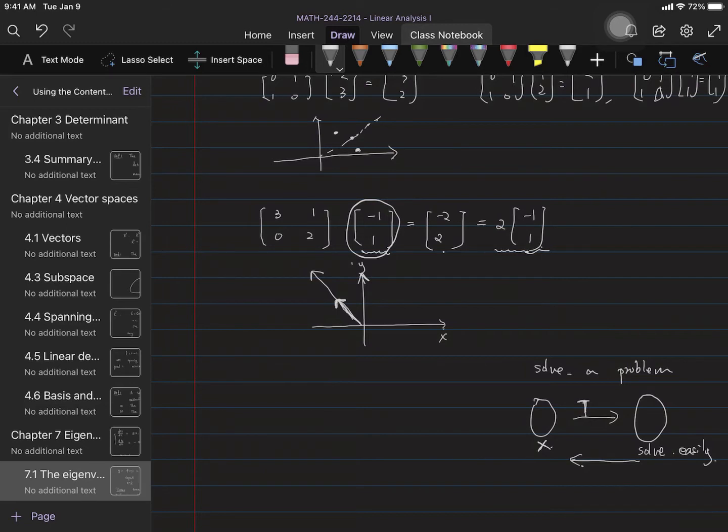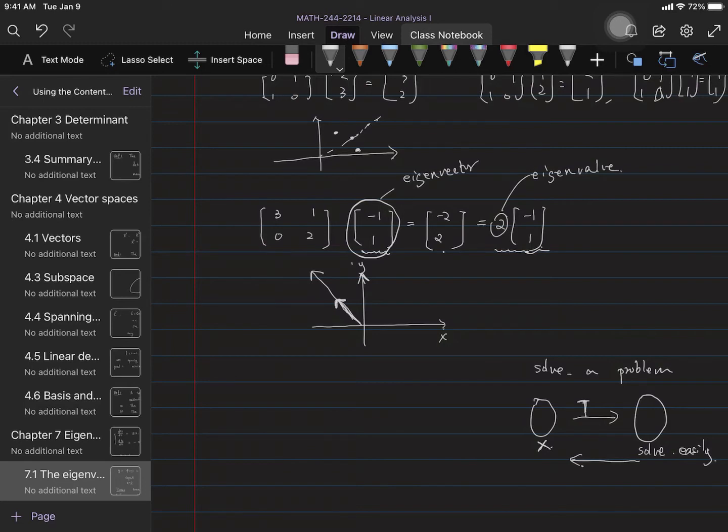I know it's kind of difficult to understand from here, but I just want you to visualize what an eigenvector is. This number is called the eigenvalue.